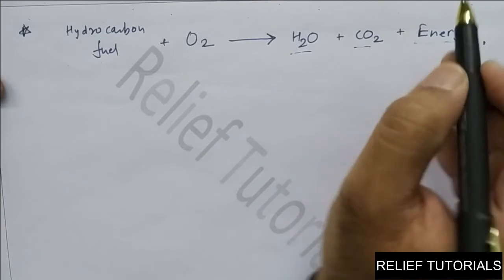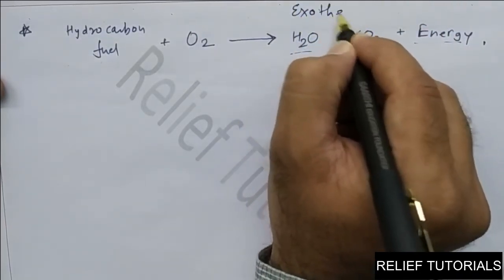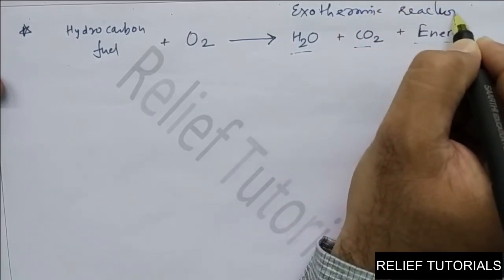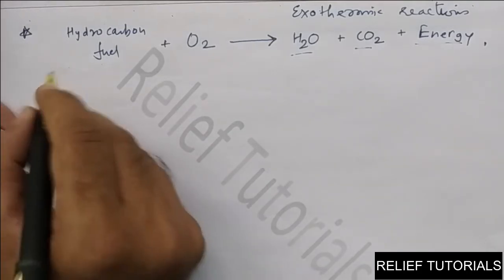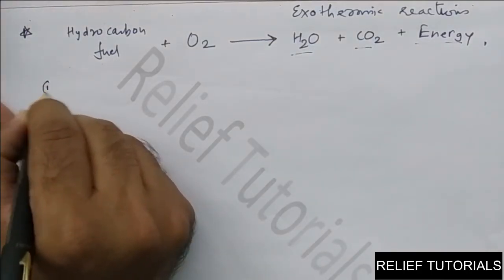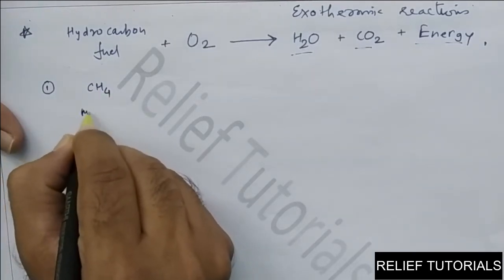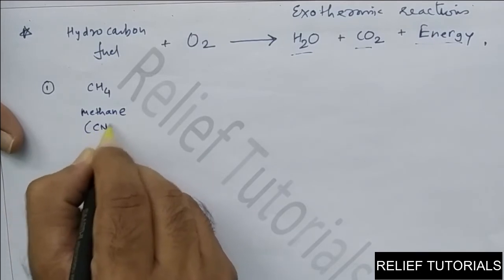The reaction in which the energy is liberated is called an exothermic reaction. So this is the exothermic reaction in which the energy is always released. Let us take some examples. Let us say hydrocarbon fuel as CH4, methane, which we use in CNG.